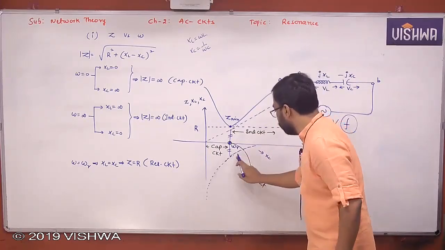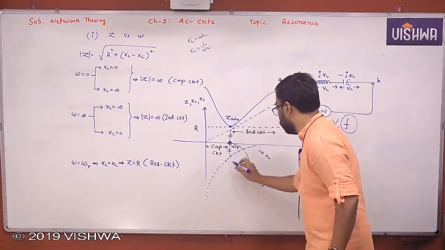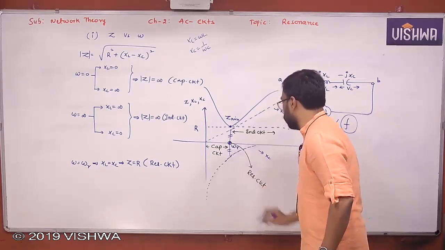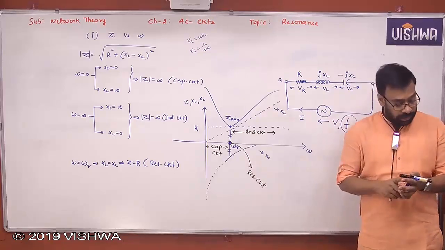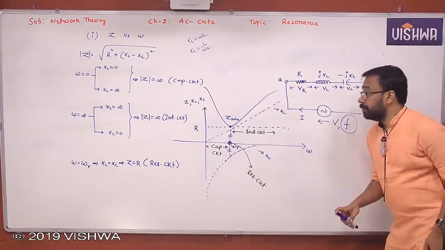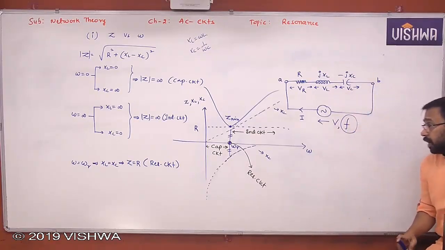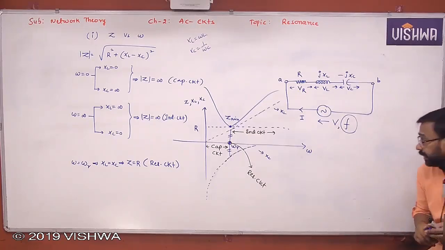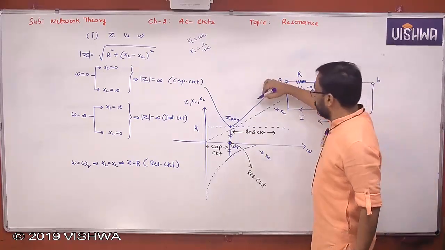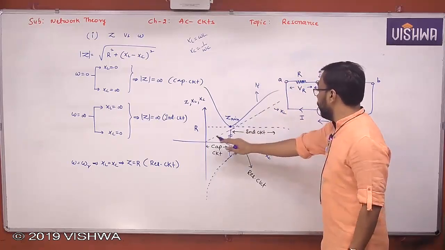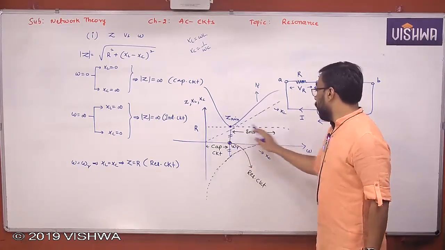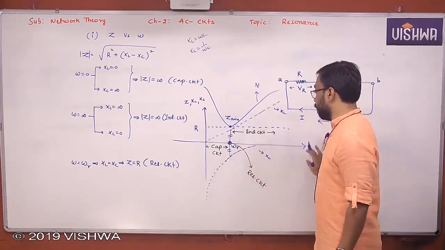Draw them carefully. This is impedance. Impedance versus frequency, XL versus frequency, R versus frequency, XC versus frequency.